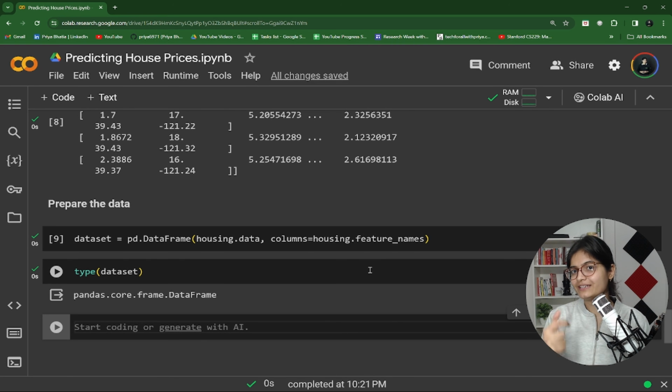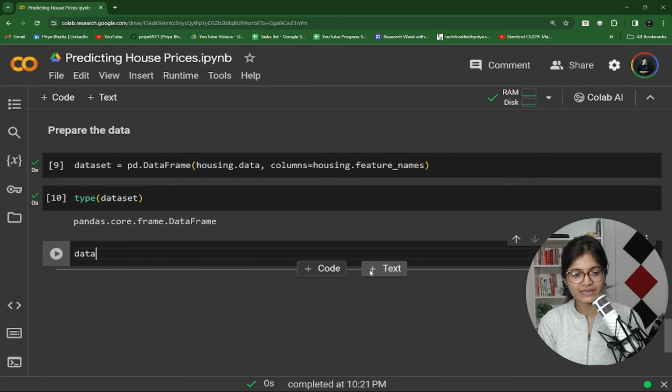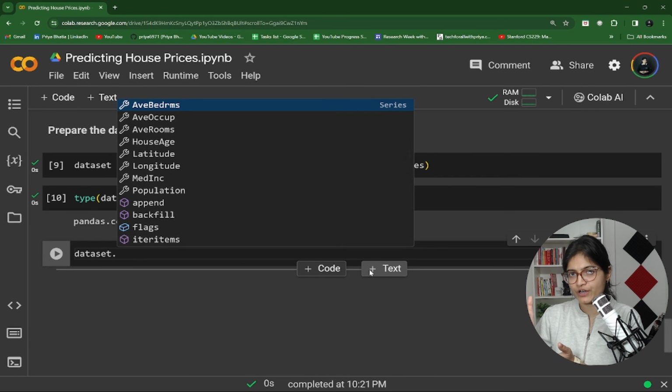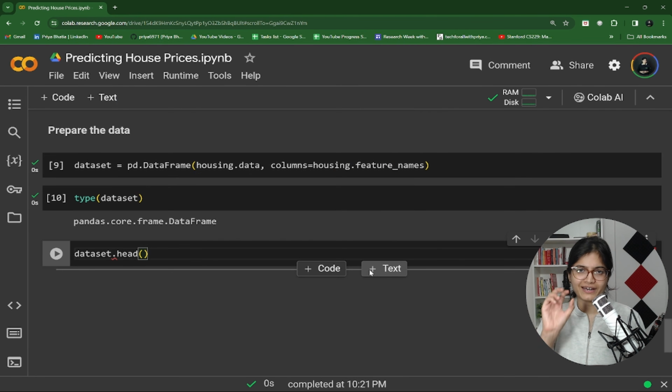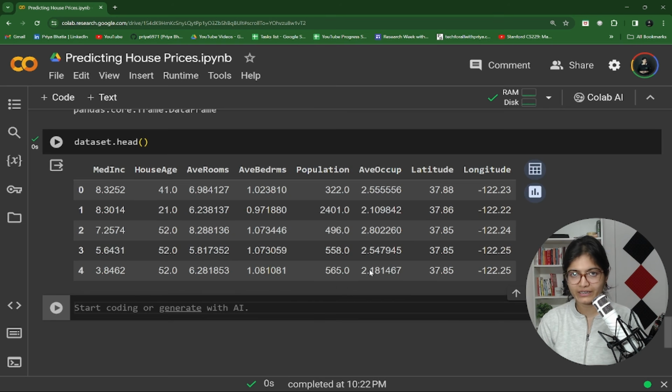And now I think it's the right time we can do a lot more operations on top of that to analyze the data. So here, in order to get the list of the topmost 5 records, we have a method called head. Basically, it takes the top 5 records and brings them up in the form of a data frame.